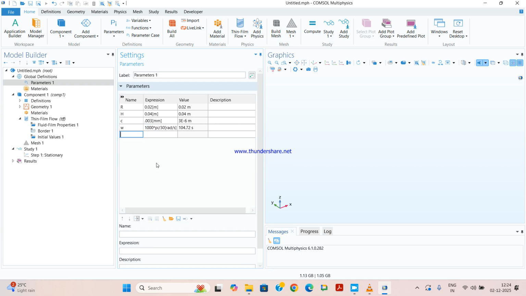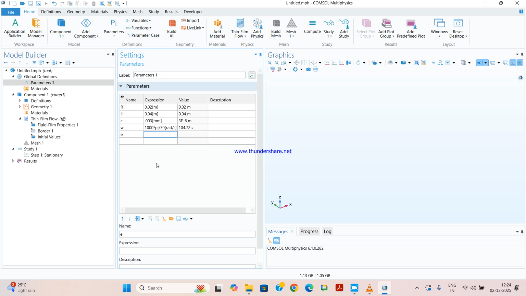And another very important parameter is eccentricity. Eccentricity means, when the journal is moving, as I told, it will form a locus. In a circle, the eccentricity is zero, you can understand, the major and minor axis will be the same.